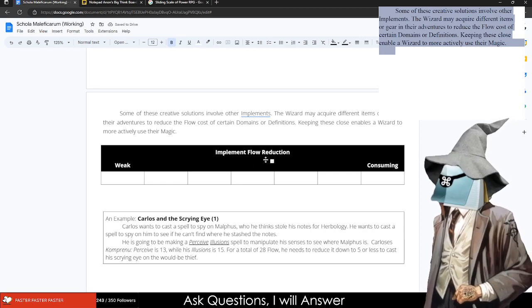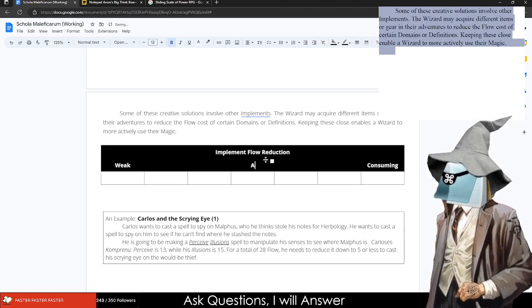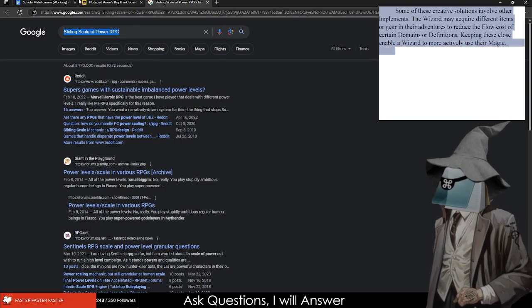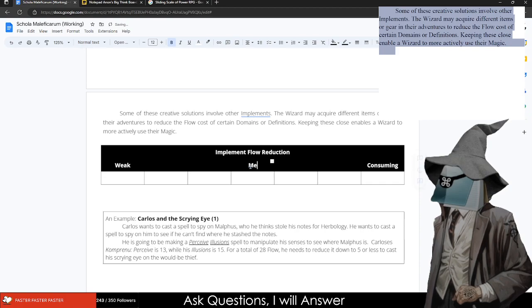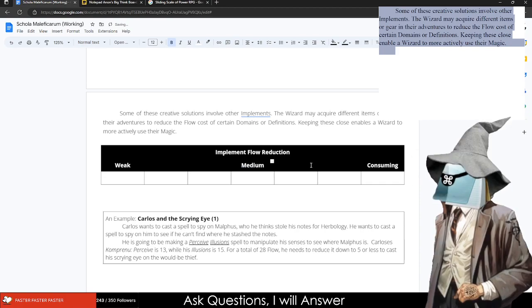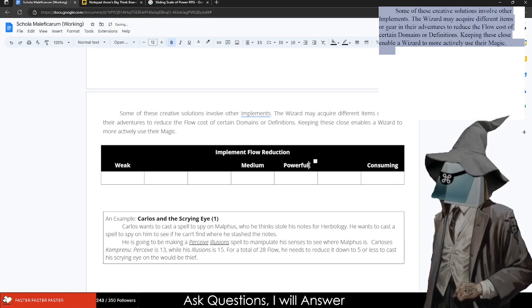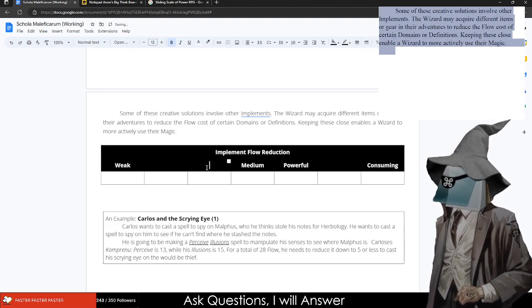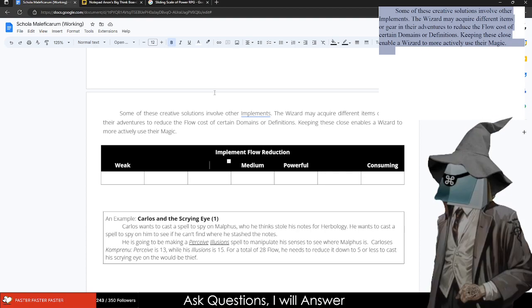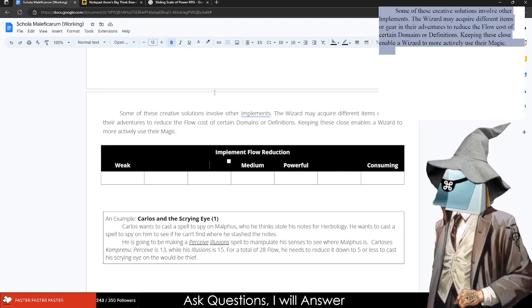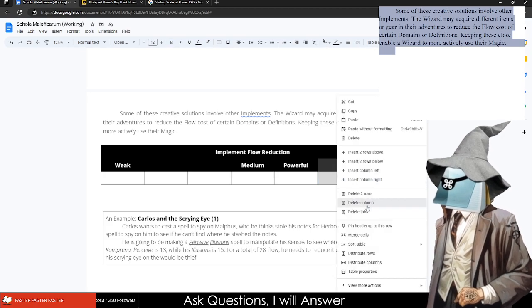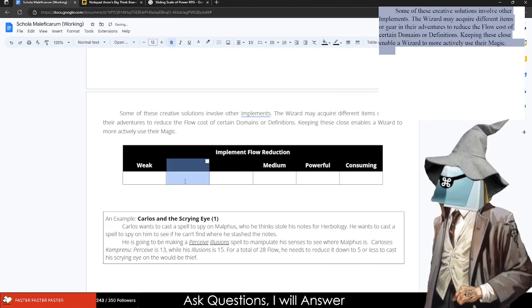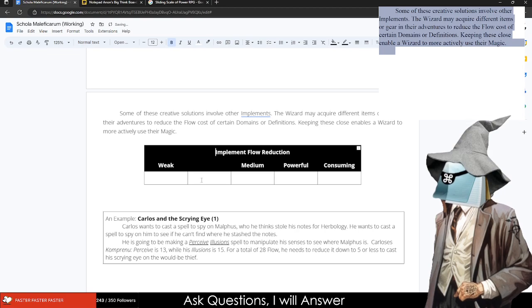If we say not average, but weak, blank, medium, powerful, consuming. I'm okay with saying powerful into consuming. But what do we put right here? Weak.